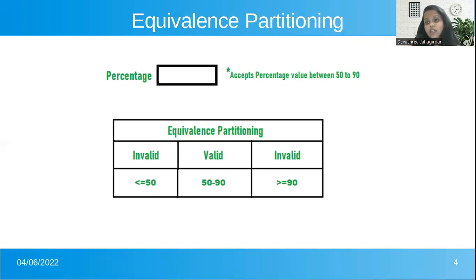And if I enter a percentage above 90, then also it will show me an error. So between 50 to 90 is the only valid input. If I put those values, it will navigate me to the proper or further page. So this is what equivalence partitioning is.